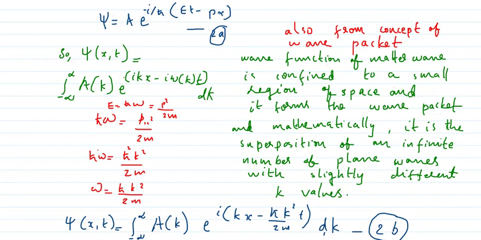First of all, I would like to go for the simplest one, that is using equation 2a. For examinations you can use either of these concepts in order to obtain the time dependent Schrodinger equation. So I'll go for this one first, using the differentiation of 2a.